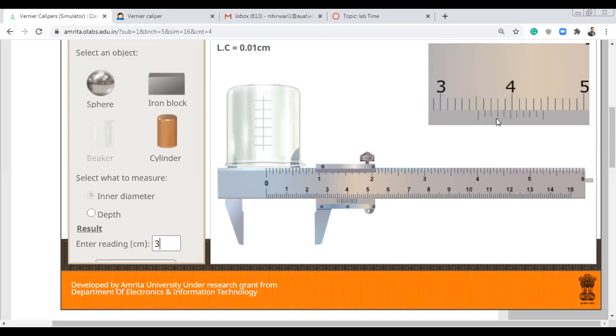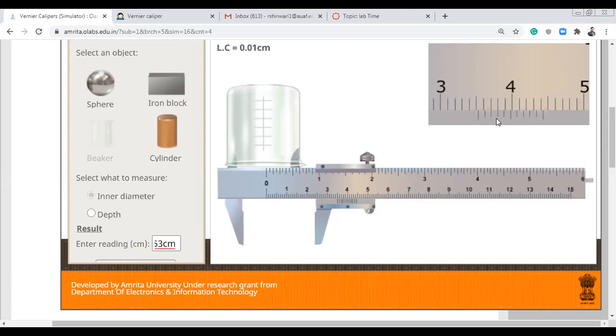We have 3.5 main scale reading plus the third one, 3 multiplied with 0.01 centimeter. 3 multiplied with 0.01 equals 0.03. Then 3.5 plus 0.03 equals 3.53. The result will be 3.53 centimeter.